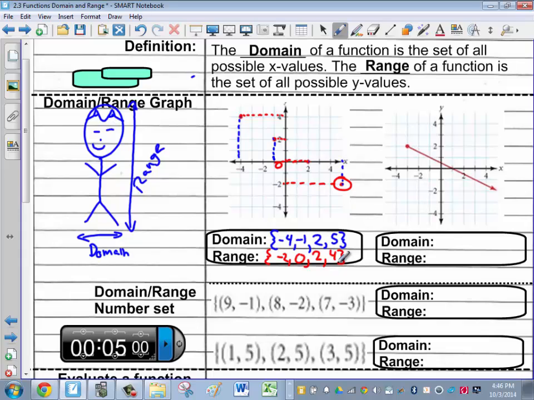Now, that's when a function is a bunch of dots, right? It gets a little bit different when we have this line right here. So we got to use a different type of notation to talk about this. Let's talk about domain first. The domain is all the left and the right, okay? Well, this function right here doesn't go any further left that way. It starts right here, and then it starts going this way forever and ever.